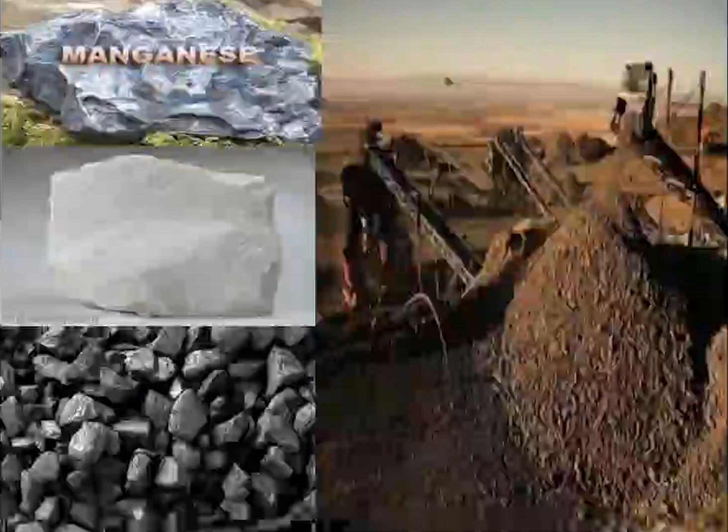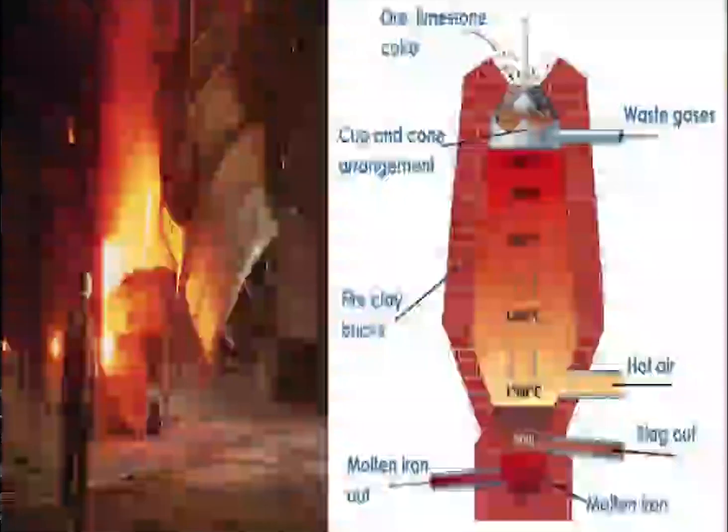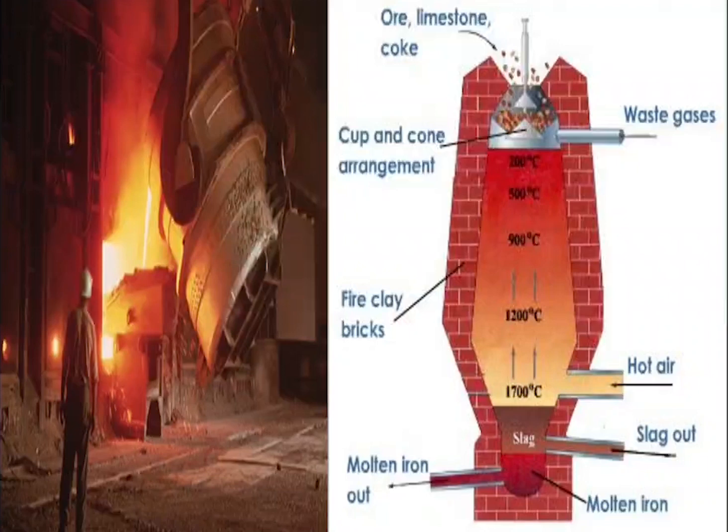So we have coal, iron ore, manganese and dolomite. Apart from that, we need water and a huge amount of money to set up an iron and steel industry in the world. These are the requirements of iron and steel industries. This is the picture of a blast furnace in iron and steel industries.